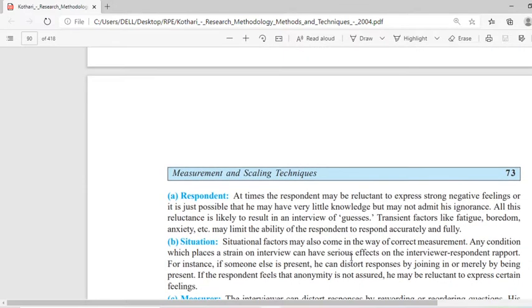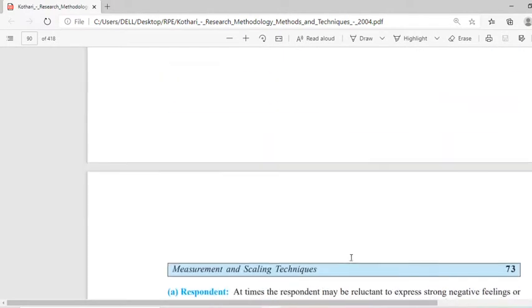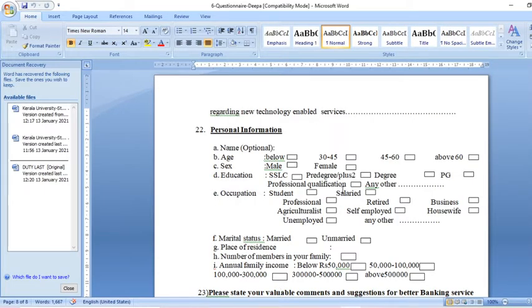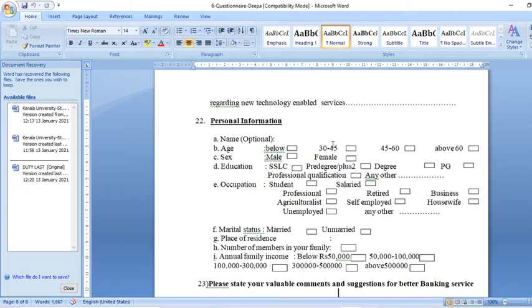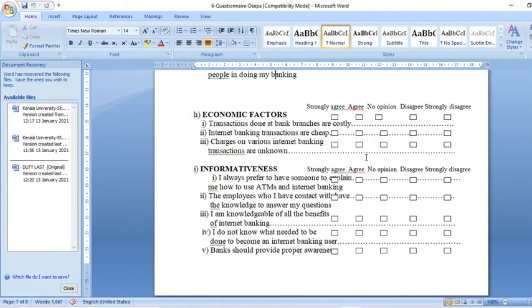So these are basic information about the scales of measurement. I will show an example. Consider this: we can represent strongly agree, no opinion, disagree, strongly disagree. So there is an ordering here, either increasing or decreasing.